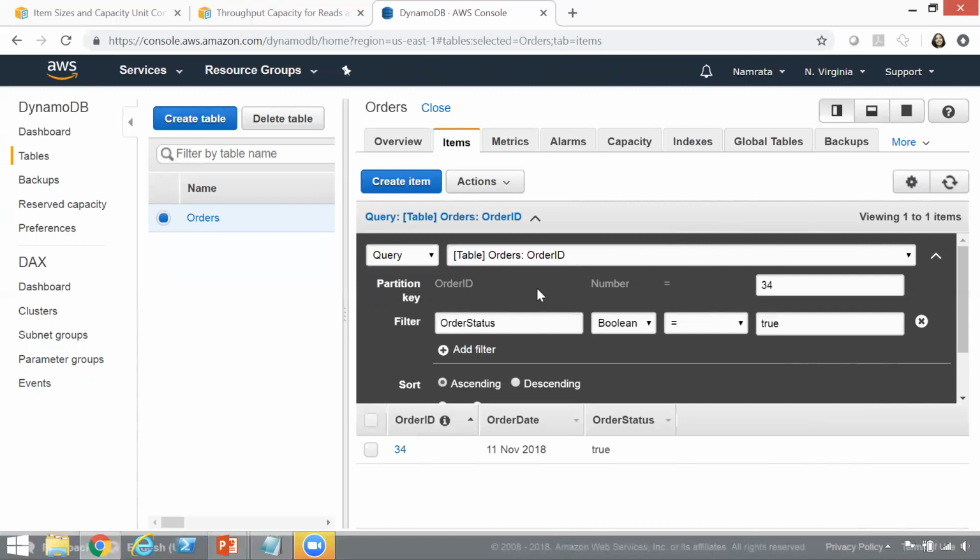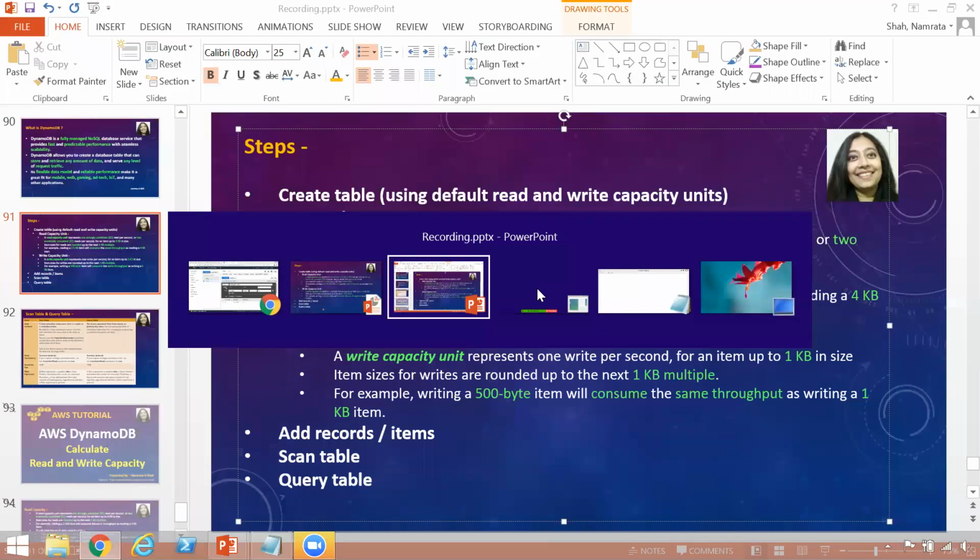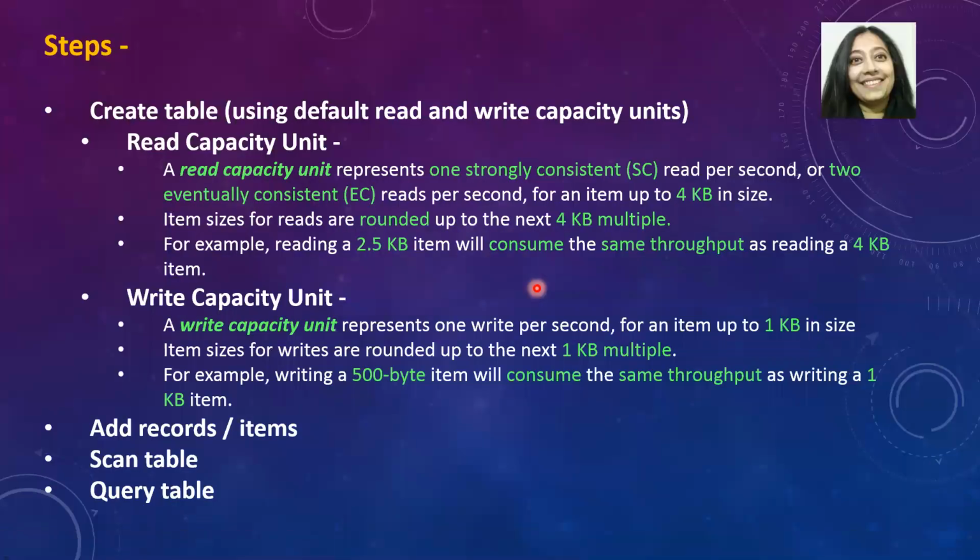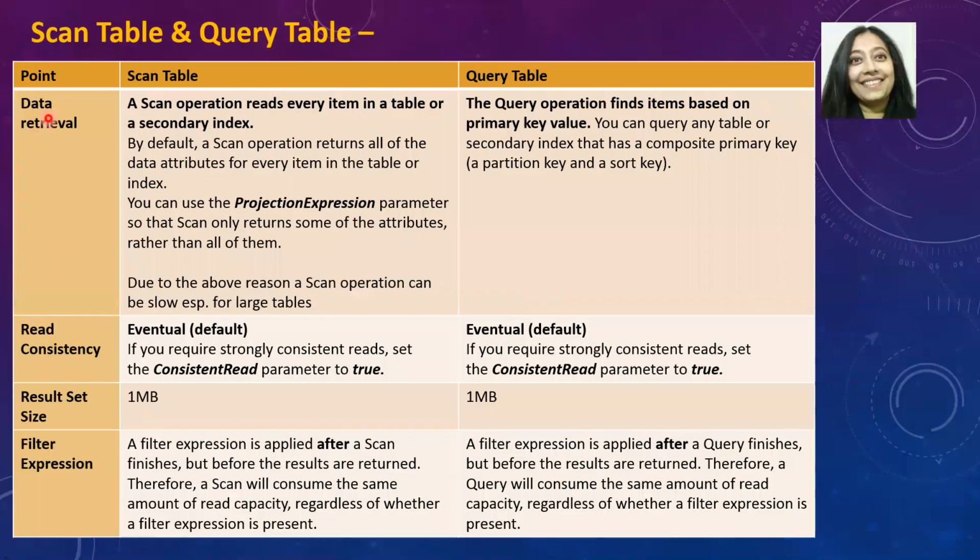Now I have created a slide wherein we'll compare and contrast and understand what is the difference between scanning a table and querying a table, and what are the similarities as well. So let me switch back to my PowerPoint presentation right here. So this is a small table over here as I was talking.